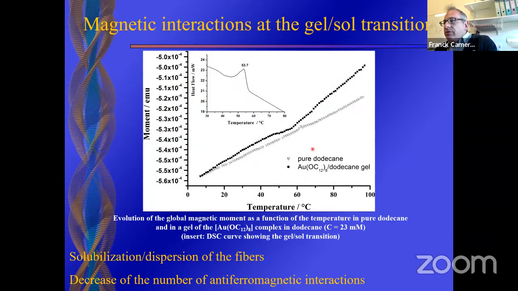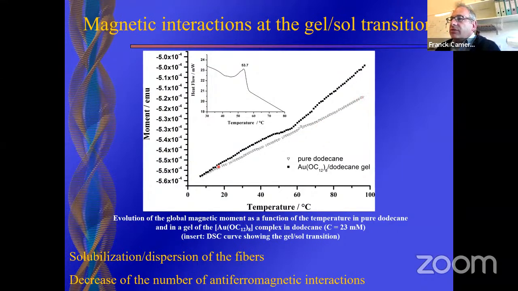You can also use these magnetic properties to try to find the sol-gel transition. Here is what we have done with the SQUID apparatus. We measure the magnetic moment as a function of the temperature. In pure dodecane, you have a constant increase of the moment with the temperature.